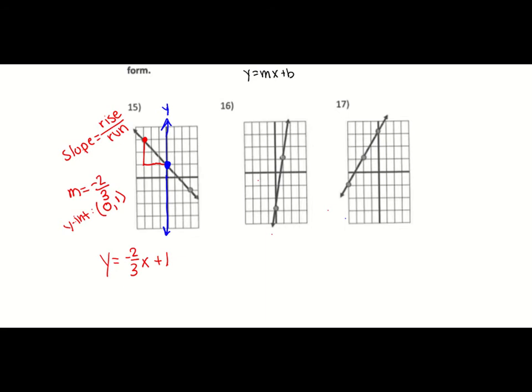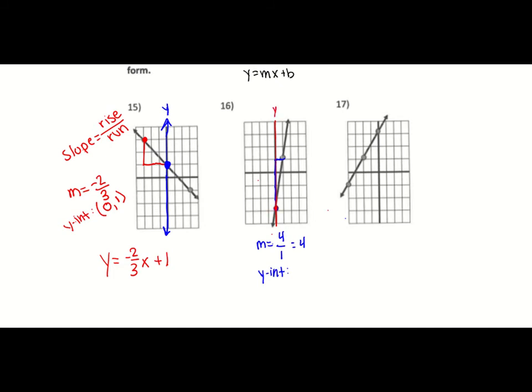So let's look at 16. First, I want to find my slope. My slope is rise over run. Go up 1, 2, 3, 4 over 1. 4 over 1, which is just 4. My y-intercept, I'm looking for where it crosses my y-axis right here.